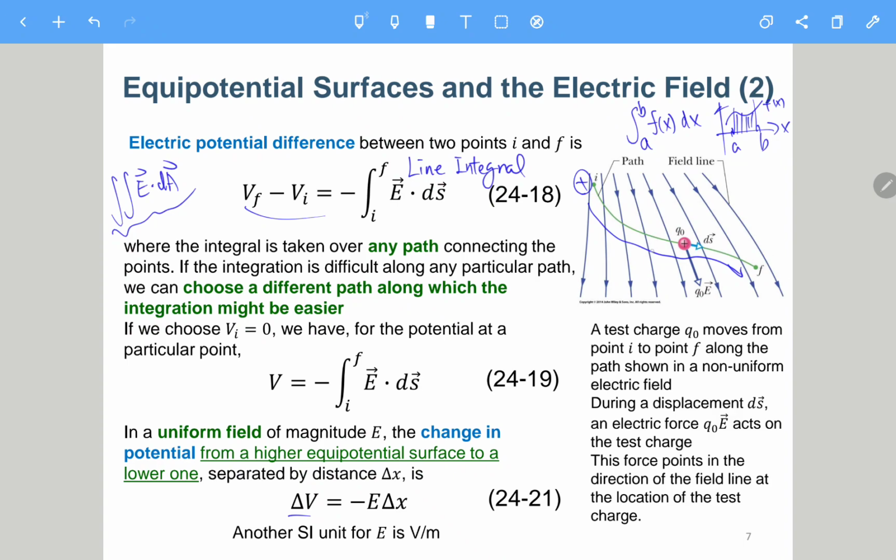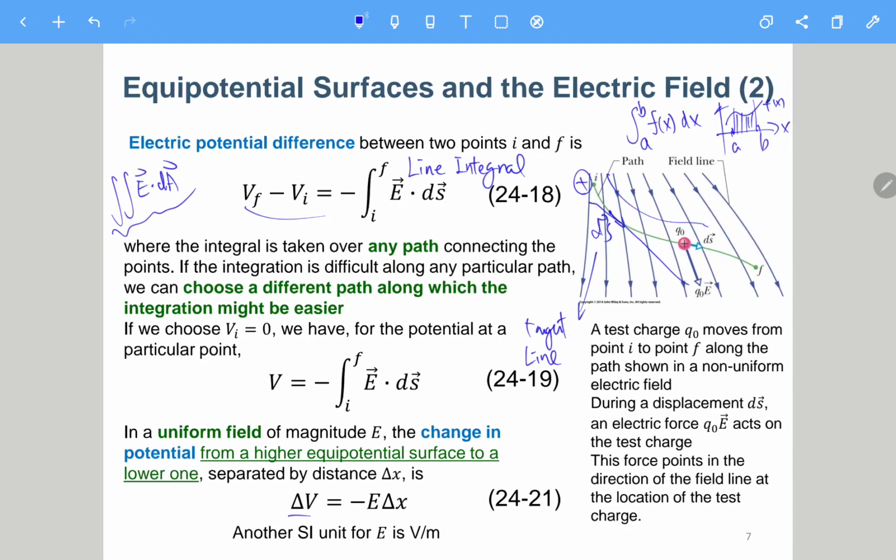Along this path, we can always define ds. The ds is of course along the tangent line, so the direction of ds is the same as the tangent line at that point. Of course the tangent line has two directions, but as long as you have the direction from I to F, you can clearly see which is the correct direction to choose.